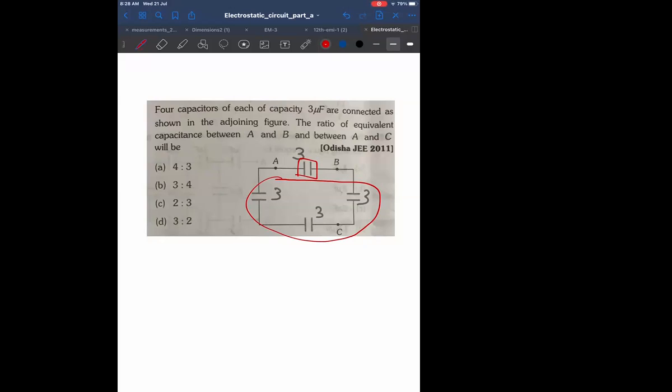If these three capacitors are in series, what is the equivalent capacitance? 1 by 3 plus 1 by 3 plus 1 by 3 is 3 by 3, which becomes 1. So the series equivalent is 1 microfarad, which is in parallel with the 3. Therefore, between A and B the equivalent is 4.